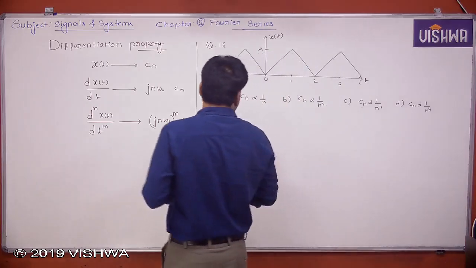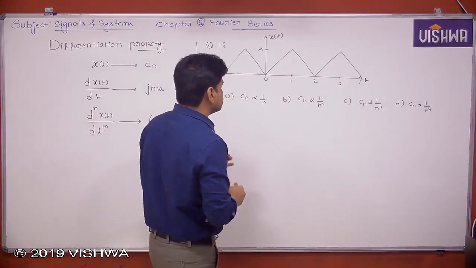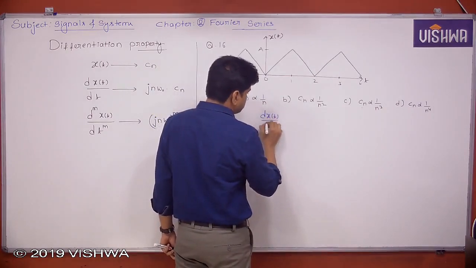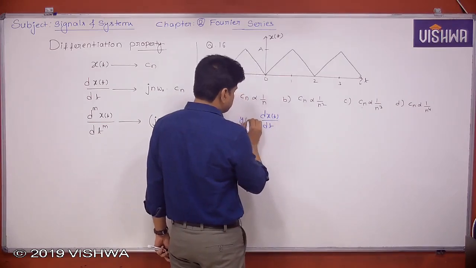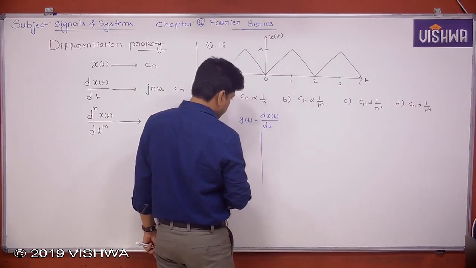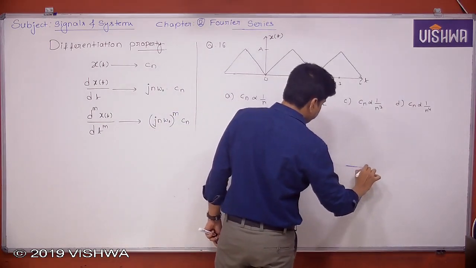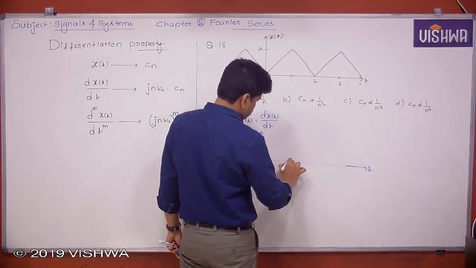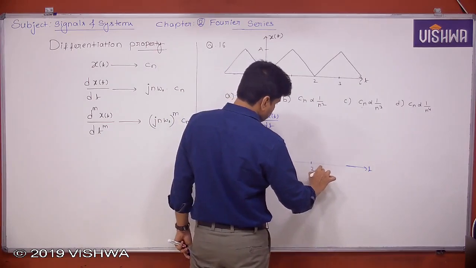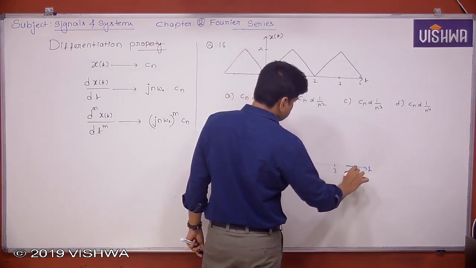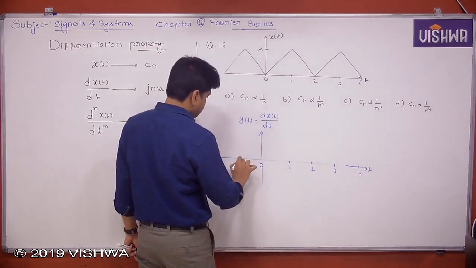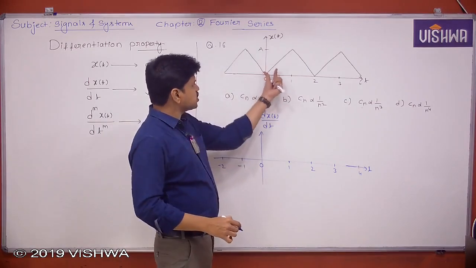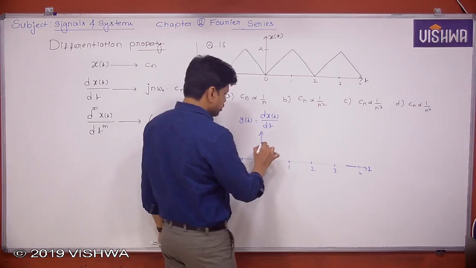Now we can use the differentiation property here. What is the differentiation property? dx of t by dt, let's call it y of t. If I differentiate this, we have to write the slope here, that is a.